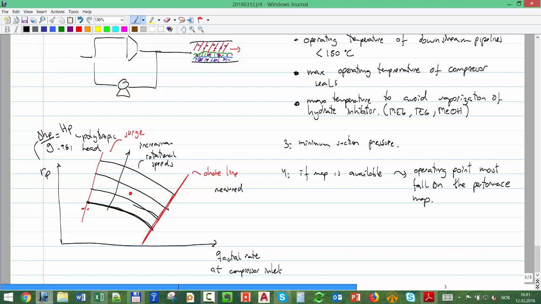You go and test the compressor, you measure it, for a given T at the inlet, T suction, a given specific gravity of the gas, and for a given K. Manufacturers usually measure that map with air, and they use standard conditions, so they use 15.56 Celsius, and those two properties are for air.